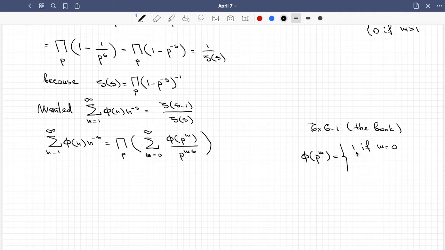This is simply a part of the definition. What was calculated in this example, 6-1, is that this is p to the m minus p to the m minus 1, if m is 1 and bigger.